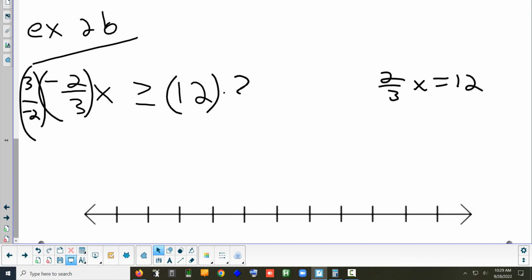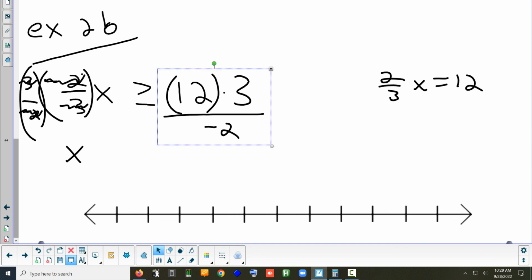And do the same thing here. Times 3. So I multiplied by a 3, and I divided by a negative 2 on each side. That's going to cancel this number out on the left, because you have a negative 2 in the top, negative 2 in the bottom, 3 in the top, 3 in the bottom. That cancels everything out. Now, we have to multiply by 3 and divide by negative 2. So what might I want to do right now so I don't forget?